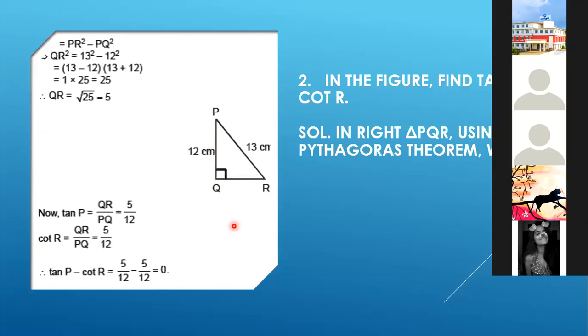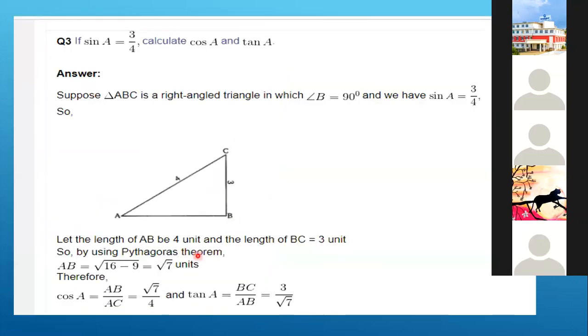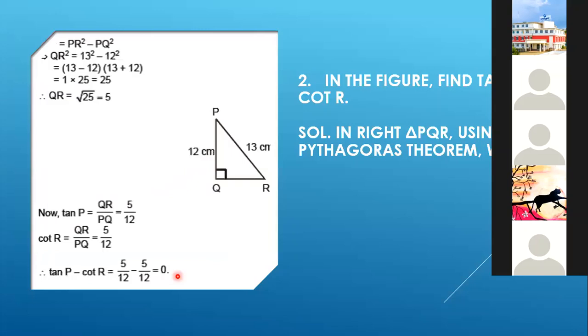They gave the hypotenuse on one side. 4 square minus 3 square, do it here. You're getting 7? Yes, ma'am. So AB value is root 7. If AB value is root 7, find out cos A and tan A. What is cos A?